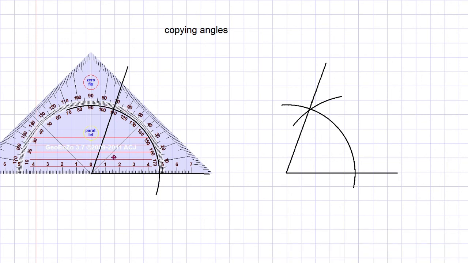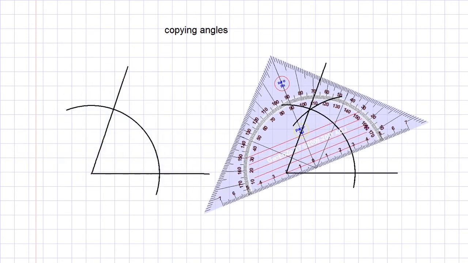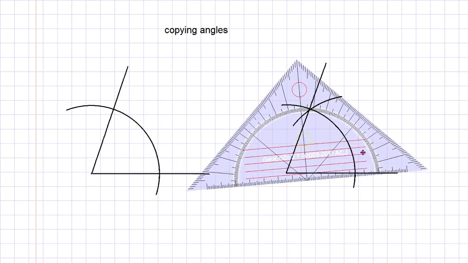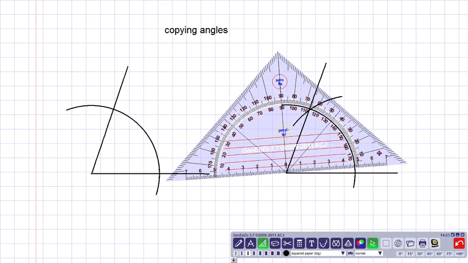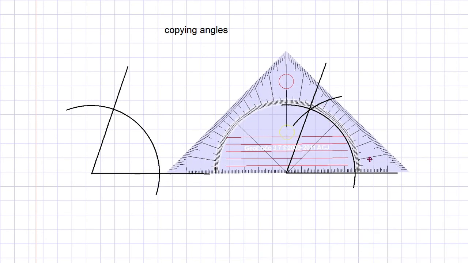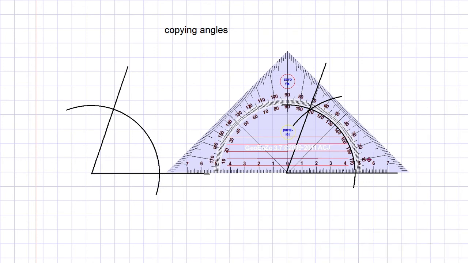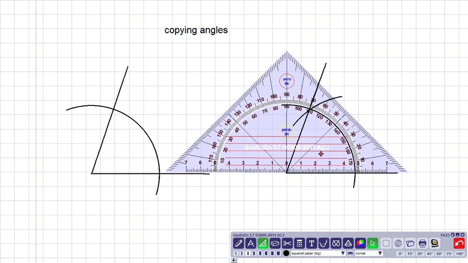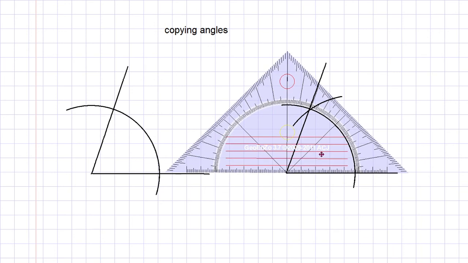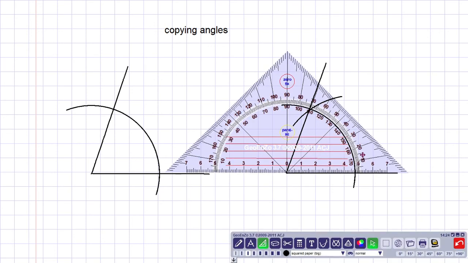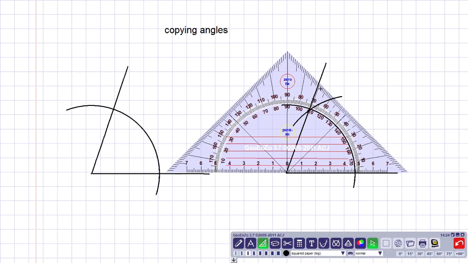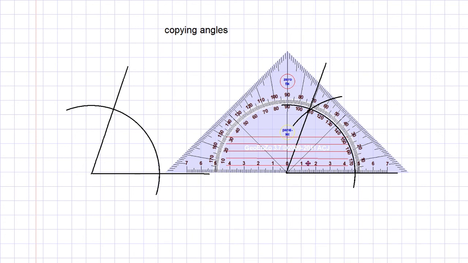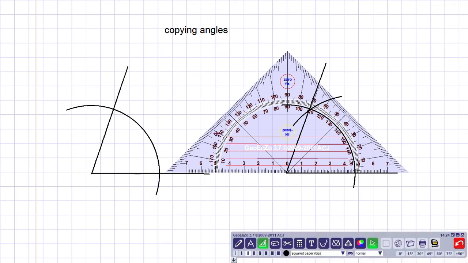Let's check the next angle, the angle we copied. It is also 71 degrees. So copying angles means drawing angles in the same magnitude.